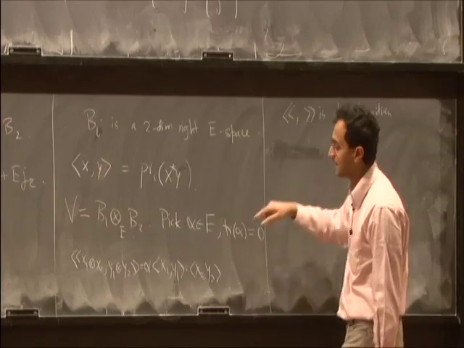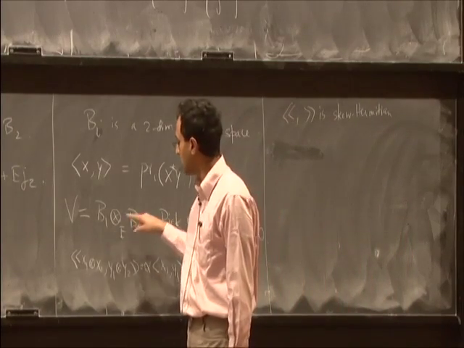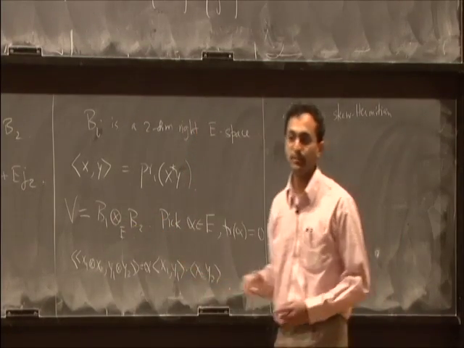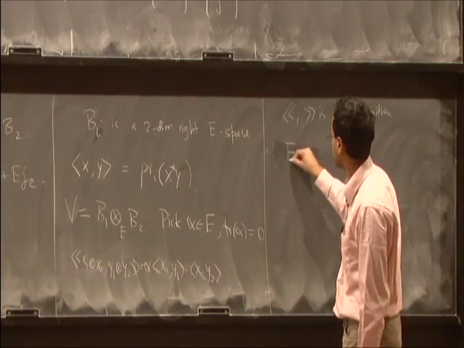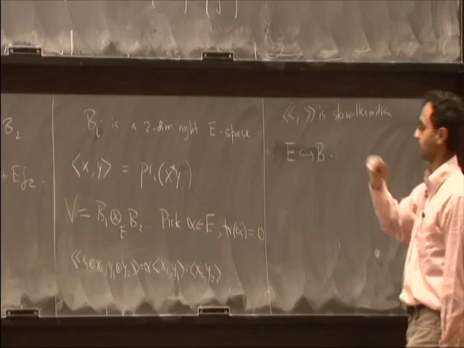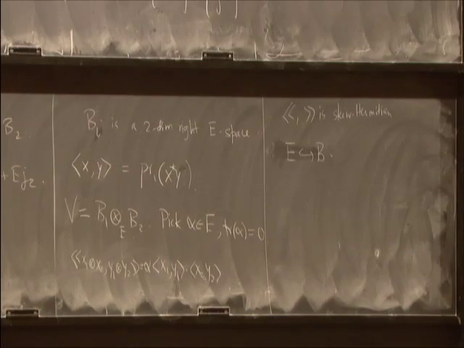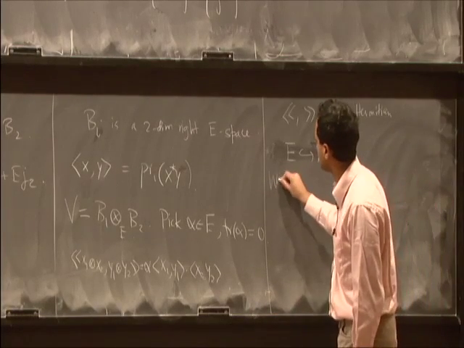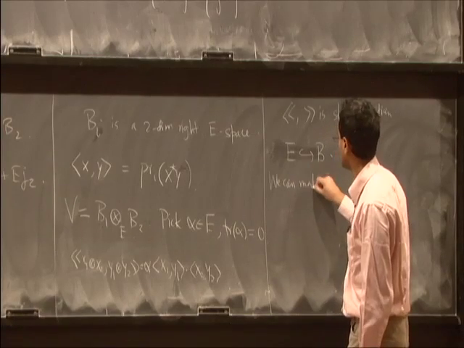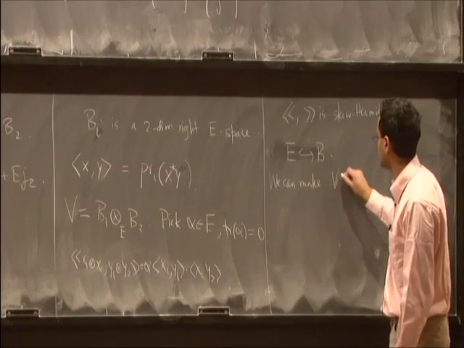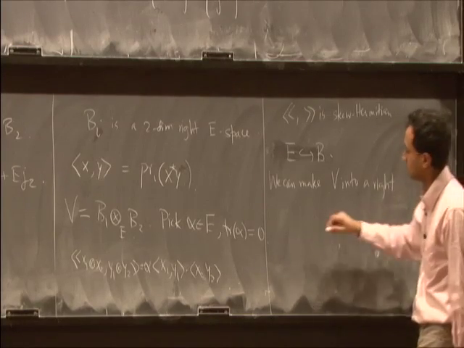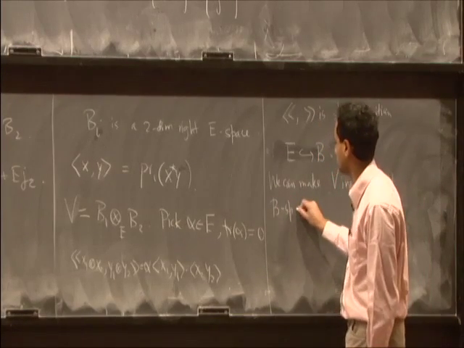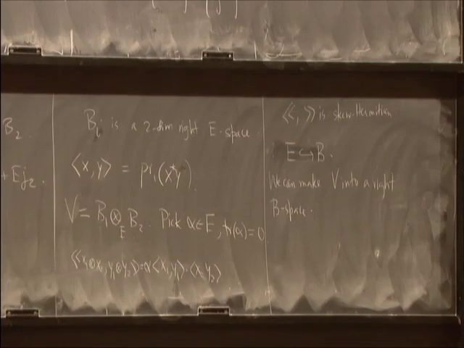Remember that E embeds in both B1 and B2, and B is the product of B1 and B2 in the Brauer group. So E embeds in B as well, and let's fix such an embedding. Now we can make V into a right B space in the following way.